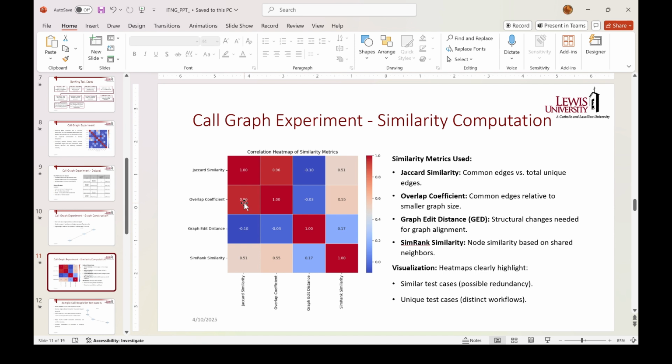In contrast, graph edit distance has a negative or weak correlation with other metrics, suggesting it captures a different notion of similarity. SimRank, which is based on node level context, shows moderate correlation with others. As a conclusion, these insights are important in selecting the right combination of metrics for specific testing needs.